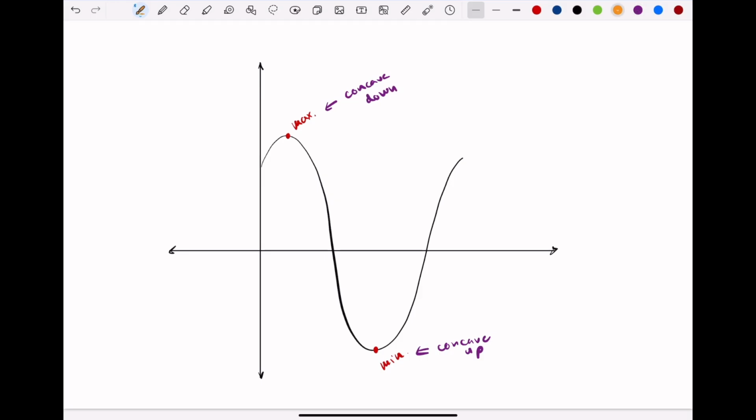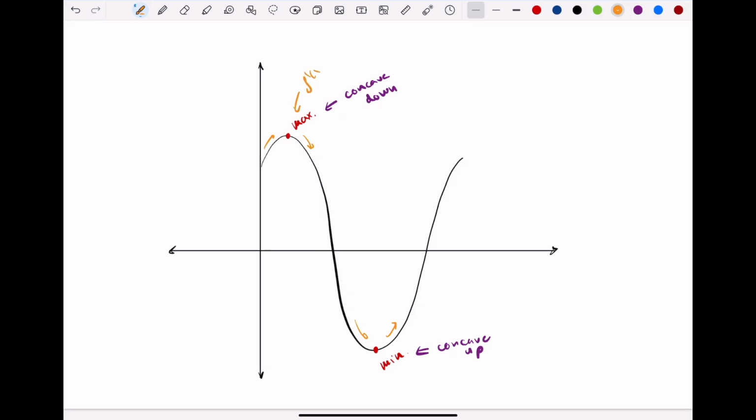Now, what else can we say about these points? And a hint, we'll be looking at the derivatives. Well, we can see that here, at first our function is increasing and then it's decreasing, and then here, first our function is decreasing and then increasing. So if you think about it, if we go from positive slopes to negative slopes, in the middle there must be a slope where it's 0.